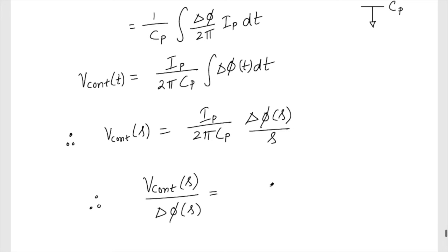So V control by delta phi will be given by IP by 2 pi CP into S.